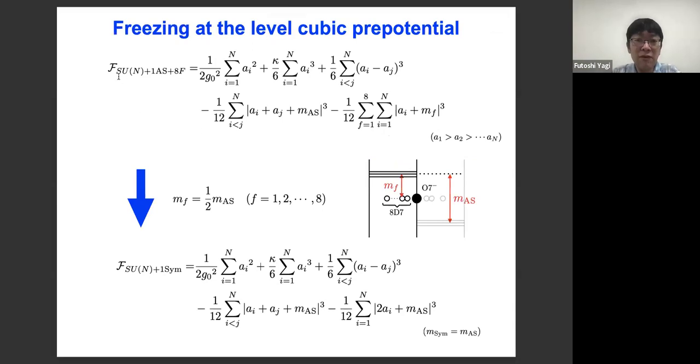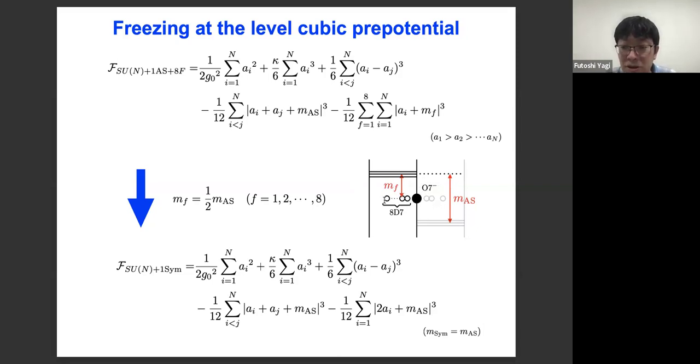So for example, we can consider SU(N) plus 1 antisymmetric plus 8 flavors. The cubic prepotential is given by this. And then I would like to tune the location of the 8 flavors in such a way that it is at the same height as the position of the O7 minus.